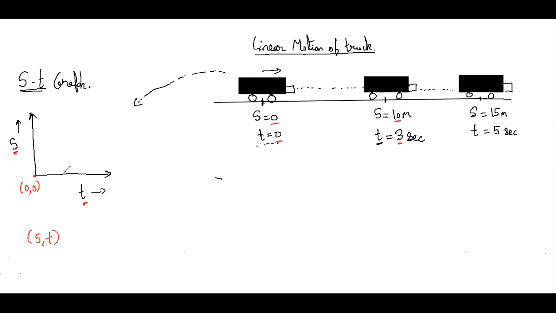So let's say that t equal to 3 seconds is somewhere here. So displacement will be suppose somewhere here. This is 10 meters. So the next point of observation is here. This is 10, 3.